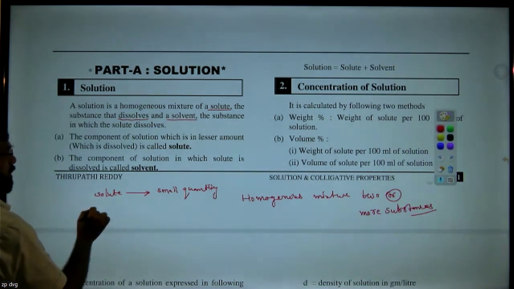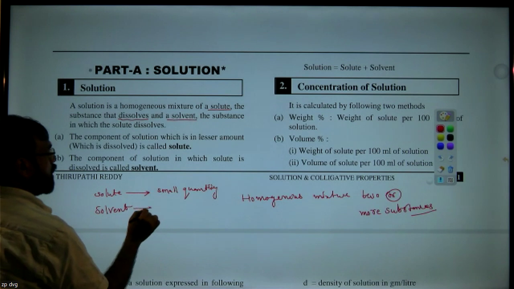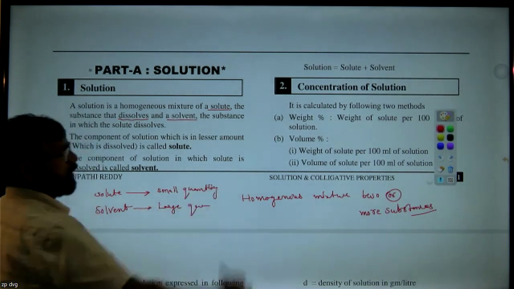What is the meaning of the solvent? The substance which is present in the large quantity is known as solvent.